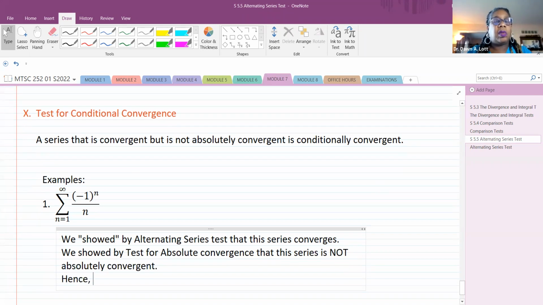Hence, by the test, this series is conditionally convergent.